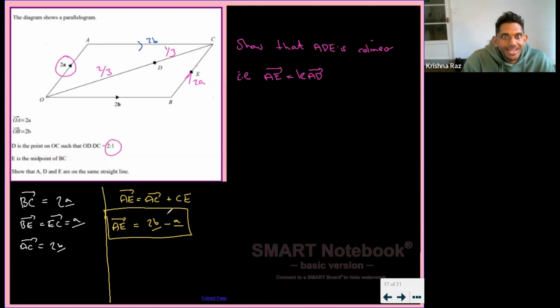So if we're finding AD, we can notice the vector AD is AO plus OD. So we have AO plus OD. Yeah, now OD was 2/3 of OC. That's one thing I haven't figured out.